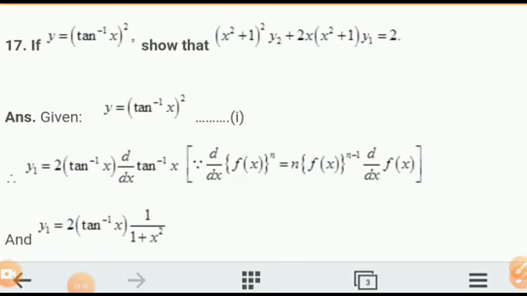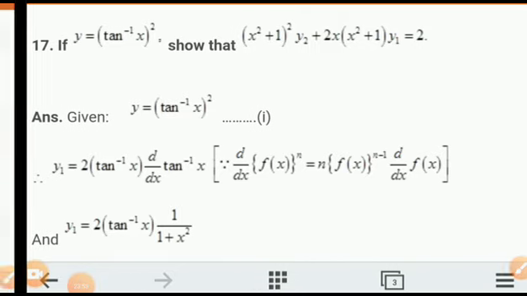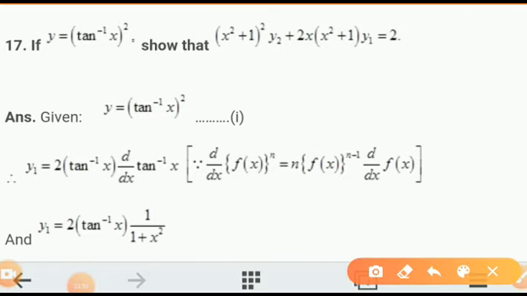So how do we do it here? Consider y equal to tan inverse x bracket square. Then y1 will be equal to 2 into tan inverse x, because the derivative of y with respect to x should be found in terms of x raised to n form.